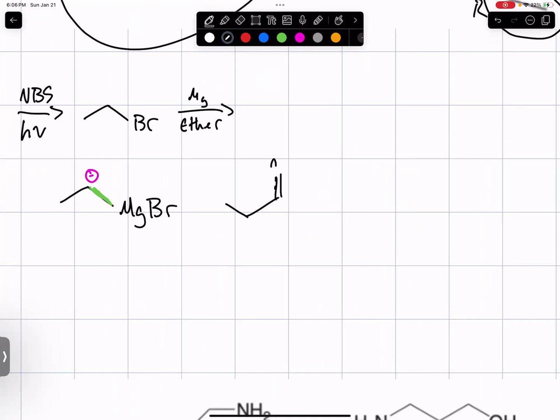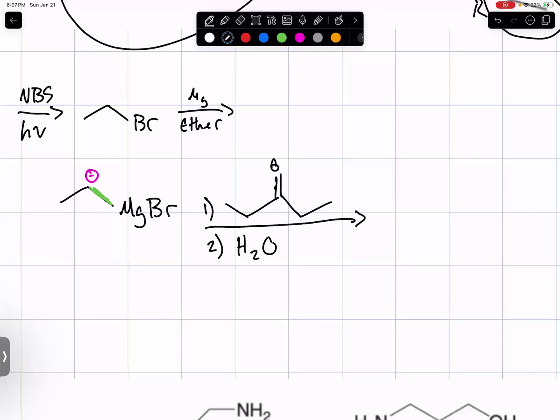So when we have a Grignard reacting with a carbonyl as such, this would be our first step, and our second step would be some kind of protonation step. And the reason for that is because upon this mechanism, we'll see that we'll need to protonate that alkoxide ion.